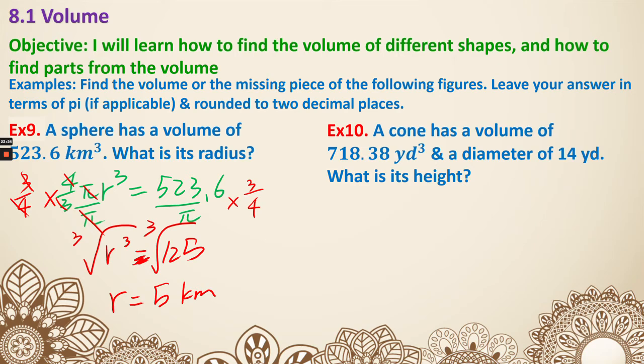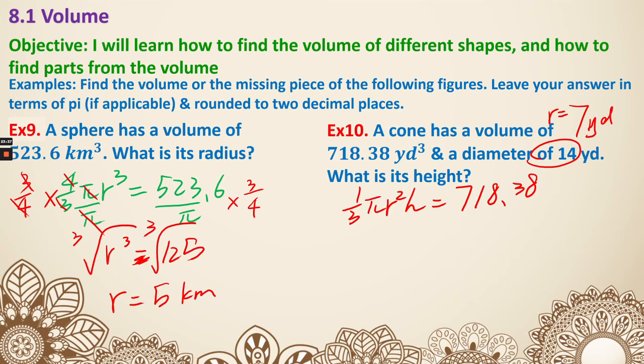Next, example 10. A cone, 1/3 pi r squared h equals 718.38. A diameter is given, but we need a radius, so 7 yards is going to be the radius. 1/3 pi, r is 7, times 7 squared, and h is unknown, is equal to 718.38.